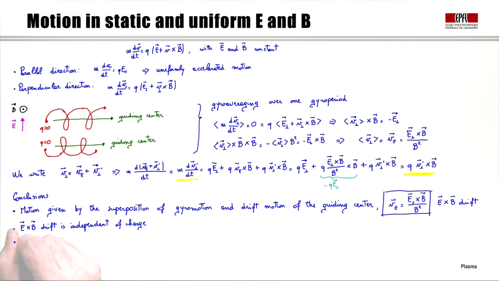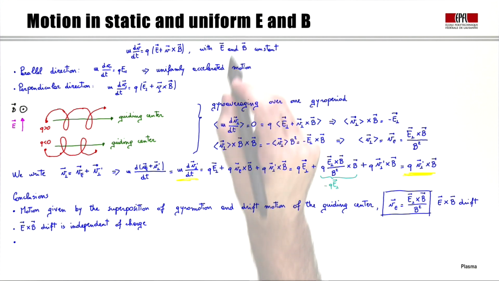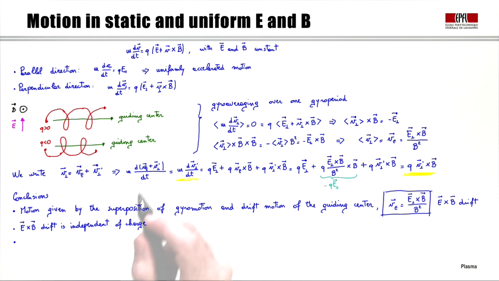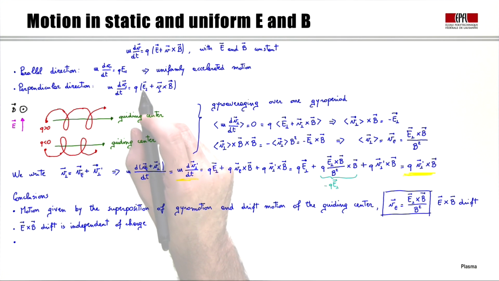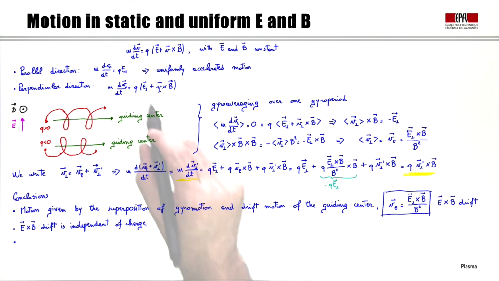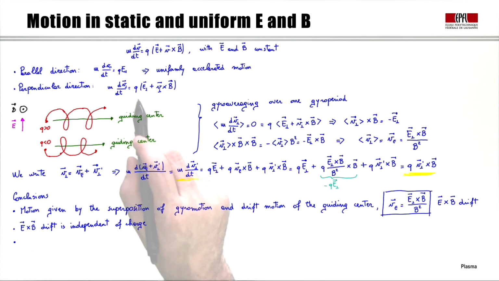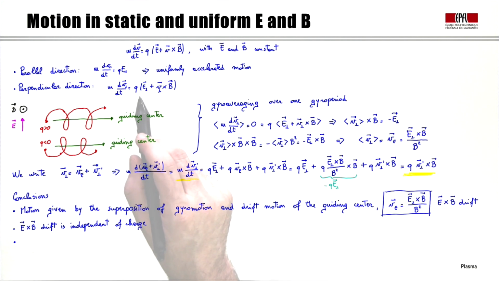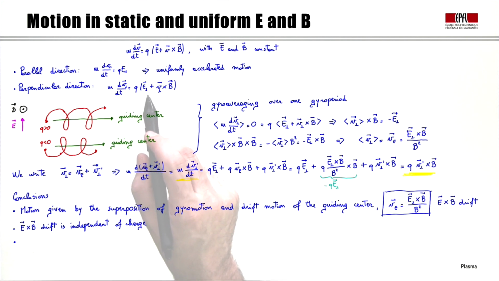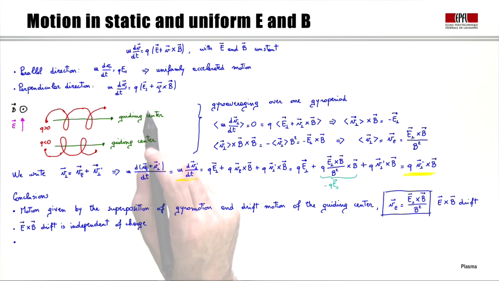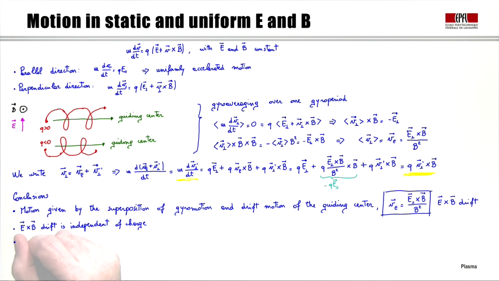By extending the observation that we have just made to the case of non-uniform electric field, we can observe that the particle is expected to move in the direction perpendicular to E, and therefore along the isocontour lines of the electrostatic potential. In other terms, the gyrocenter motion is along the isocontour lines of the electrostatic potential.